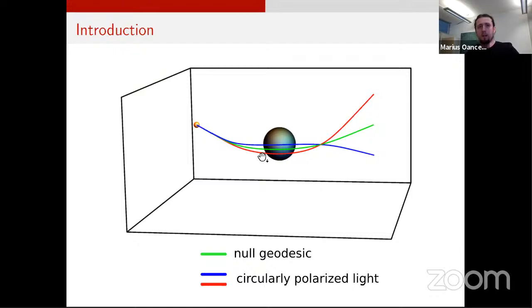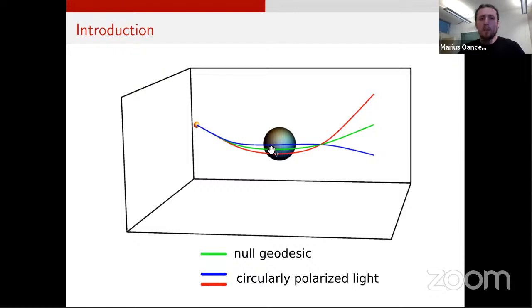On the other hand, if we consider the equations that we obtained and consider circularly polarized light, looking at similar trajectories, due to the polarization these light rays will get deflected off the equatorial plane, ending with a finite deflection angle off the equatorial plane. This also depends on the state of polarization of light. So this is basically the spin Hall effect of light in Schwarzschild in a nutshell.